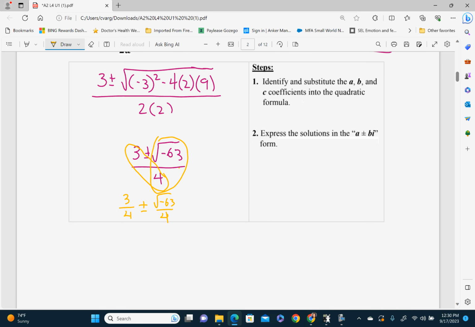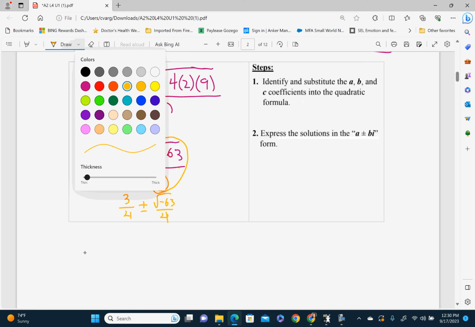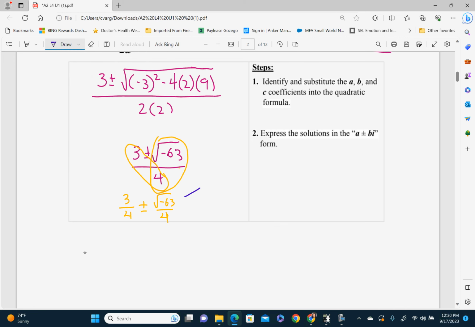However, you should be able to simplify that square root of negative 63. There are a couple of things that happen when you try to simplify this. The first thing is, because there's a negative sign under the radical, an i is going to come out. What numbers multiply to give us 63? We kind of already talked about it: square root of 9 and square root of 7. The square root of 9 is equal to 3.